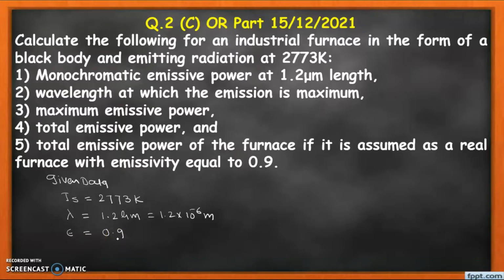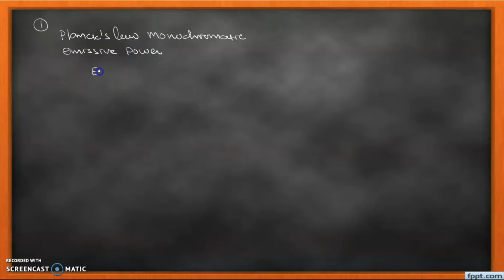Now let's start with the first finding, that is monochromatic emissive power at lambda equal to 1.2 micrometer. So students, we know Planck's formula to calculate the monochromatic emissive power, which is indicated by E_b lambda, which is equal to C1 into lambda to the power minus 5 upon exponential of C2 by lambda T, bracket over, minus 1, where C1 and C2 are constants.